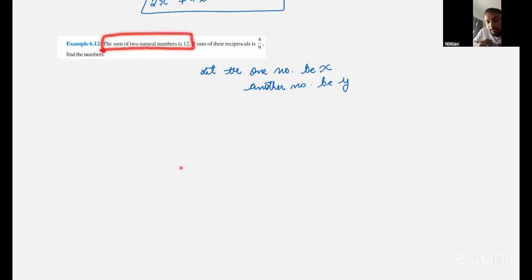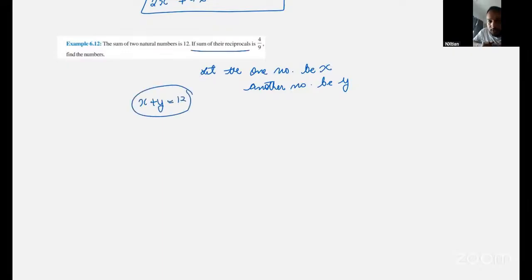The sum of two natural numbers, in which one is x and another is y. What is the equation for that? The sum of two natural numbers is 12, so x plus y is equal to 12. Very good.